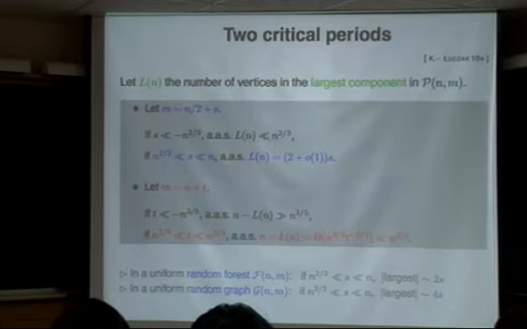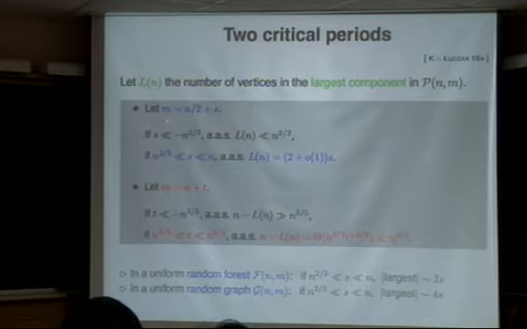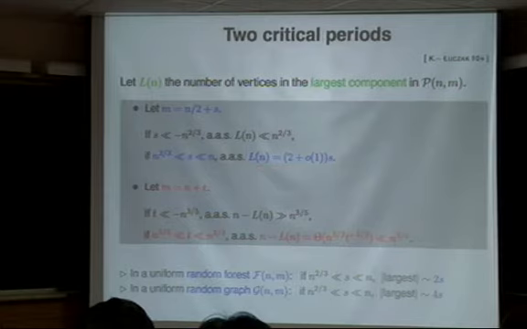This is analogous to the phase transition that we have seen already, even twice. For example, when the number of edges is m equals n/2 plus s, where s is in this range, like here, then the size of the giant component is roughly 2 times s.